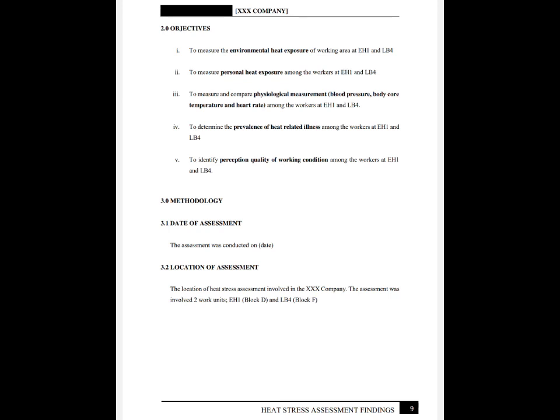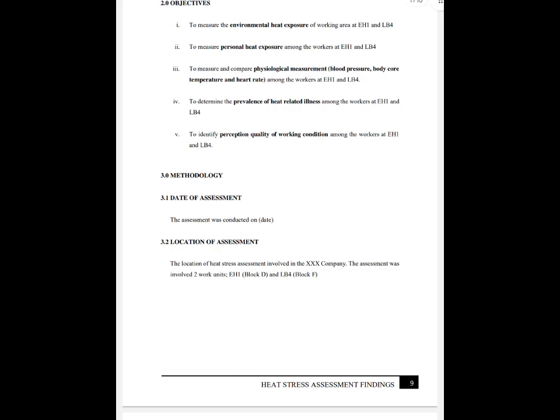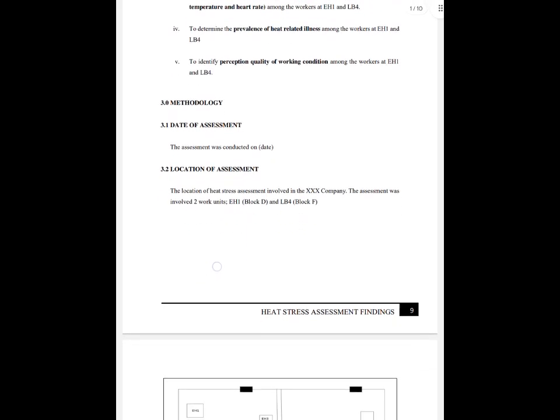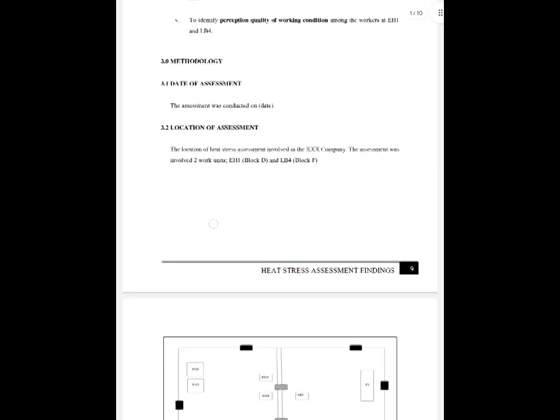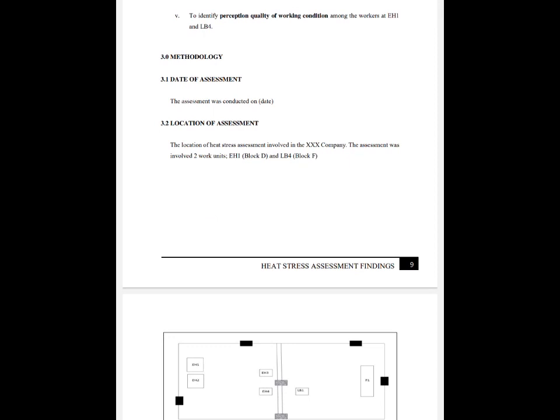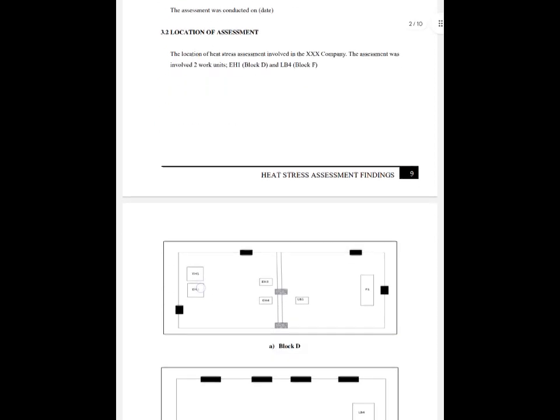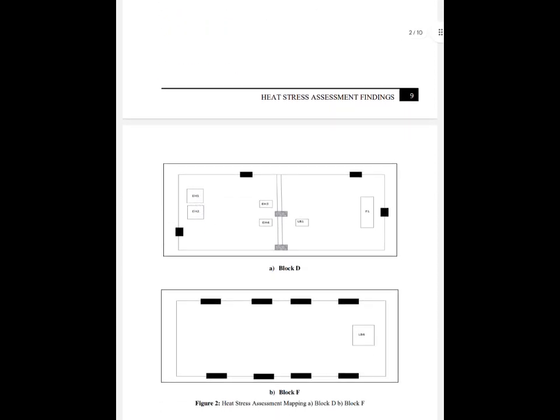And then for the methodology, first of all, they state the dates of the assessment and then the location of the assessment. For the location, the report has layouts of the work units.